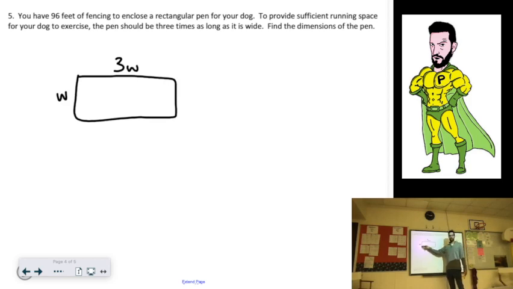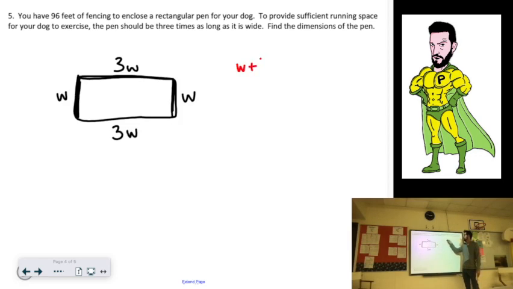But I only labeled 2 sides. If this side over here is W, since it's a rectangle, this side would also be W. If the top part is 3W, the bottom part is also 3W. So if we add all these sides up, W plus 3W plus W plus 3W, it's going to end up using all 96 feet of our fence.